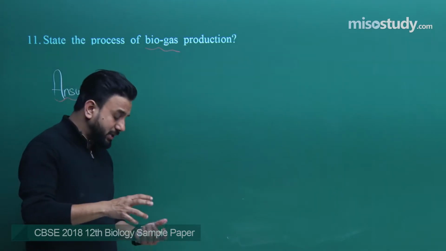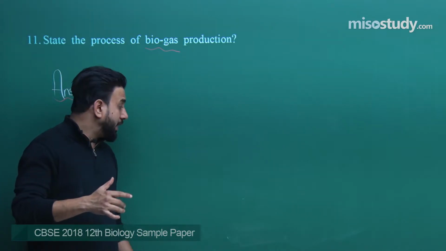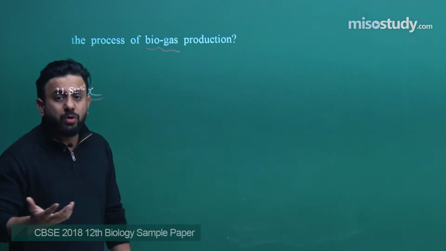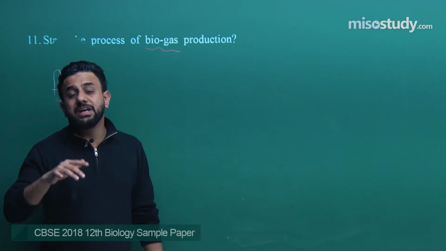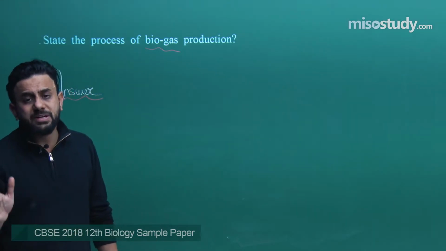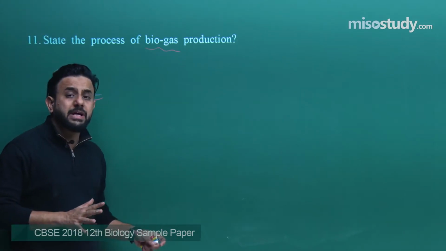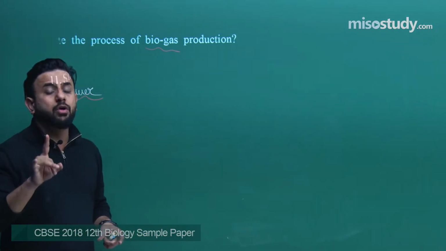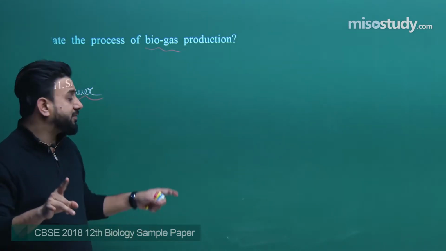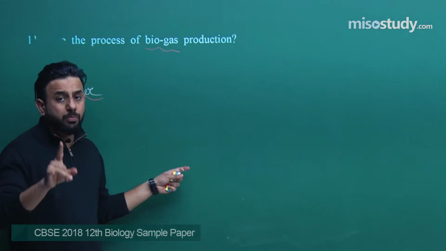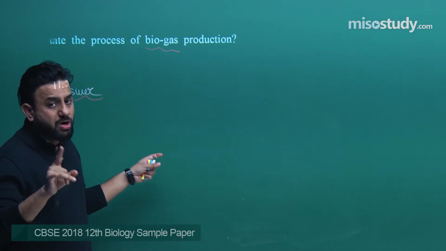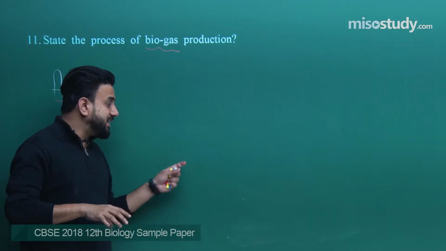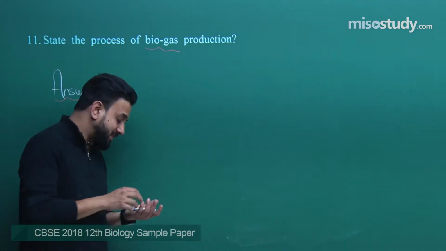So the fermentation, and we all know fermentation is the anaerobic oxidation without the presence of oxygen. With the help of methanogens, we are carrying out anaerobic fermentation, and hence these methanogens will ferment this and help in the production of gases.